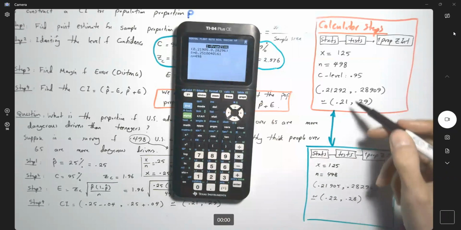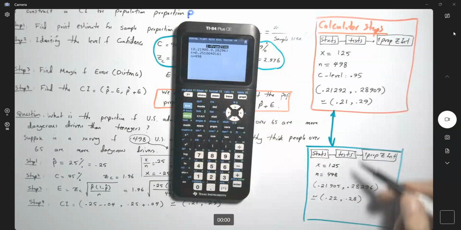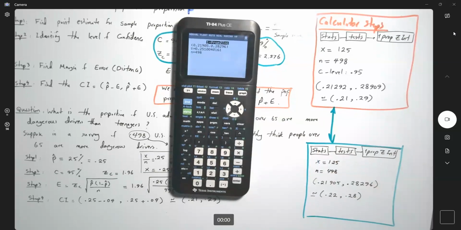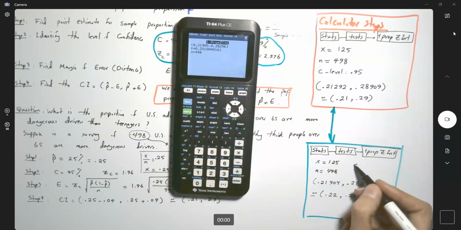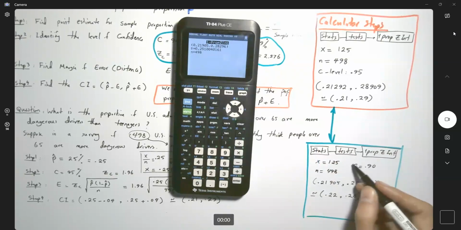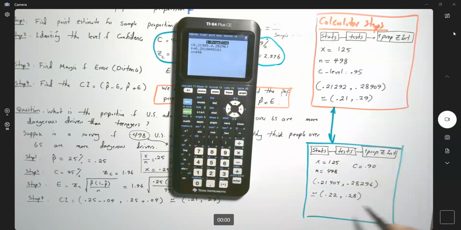Now you see there is a change in your interval. Your interval is a little bit smaller. I decreased the C level to 90%, and I get a smaller interval. C is smaller than 95%, so I get a smaller interval.